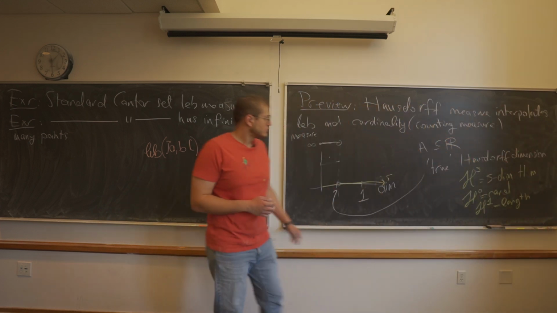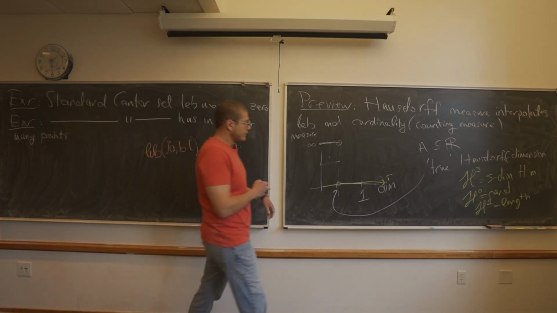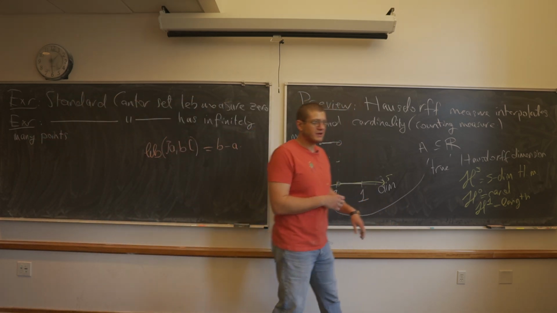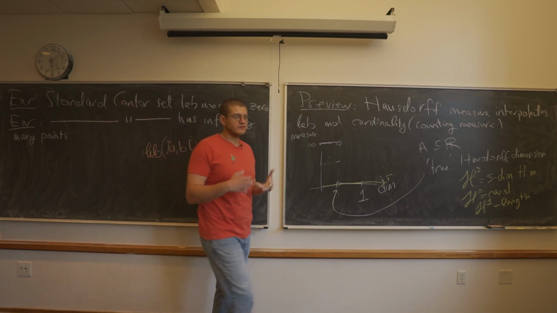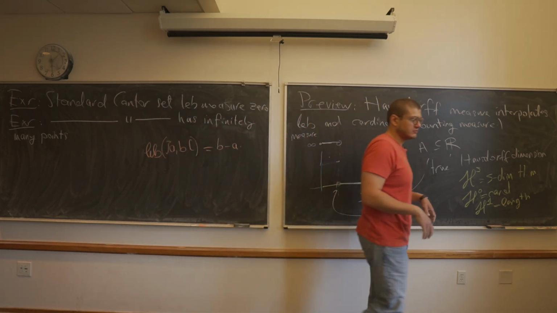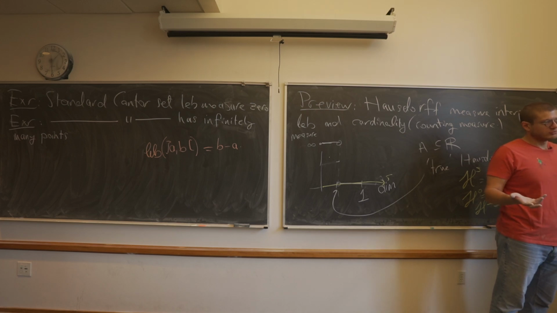Yes? Just to double check, what are you referring to when you're talking about the dimensionality here? Okay, so I would like to imagine this: the standard notion of volume in dimension 1 is length, in dimension 2 it is area, and in dimension 3 it is volume.